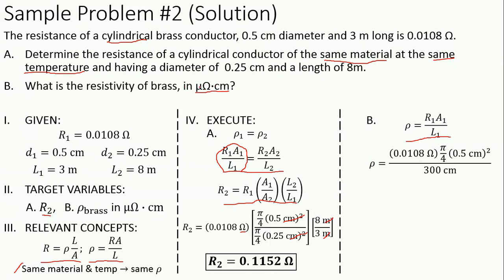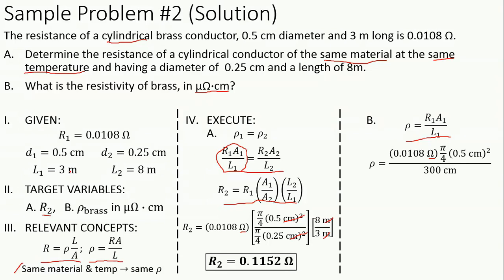Micro means times 10 raised to negative 6, so it has something to do with the order of magnitude. We need ohm and cm in the numerator. We have ohms here. Here we have the diameter as 0.5 cm squared. And L1 is 3 meters as given, so we convert 3 meters to cm.